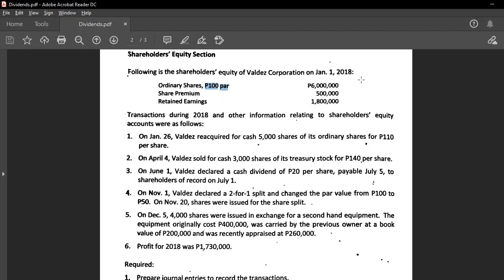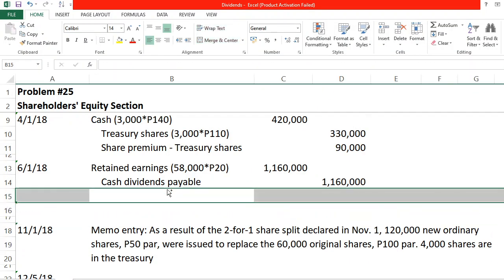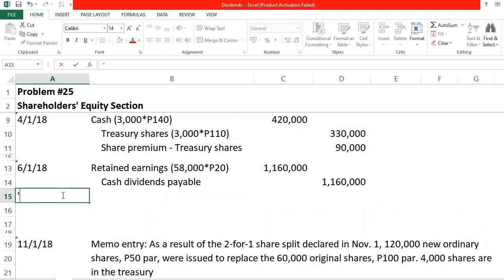Okay. Now, let us have July 1. July 5. June 1 was the declaration. July 1 is the date of record, and then July 5 is the date of payment. Okay, so I believe we are going to prepare another entry for July 5 for the date of payment. So we insert it here. That was July 5, 2018.